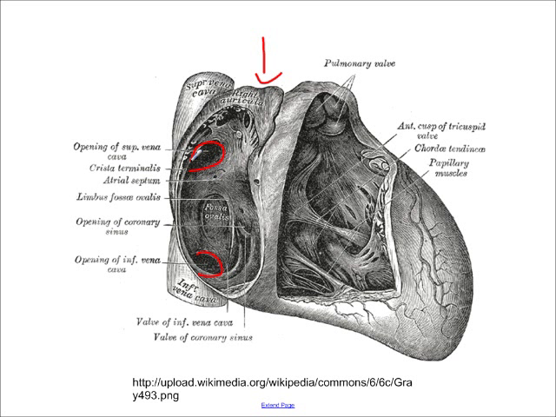That's what the sinus venarum are, V-E-N-A-R-U-M, in case you're wondering how to spell that word. Hopefully you know how to spell sinus. Those are the openings from the vena cava as blood is entering the right atrium there.